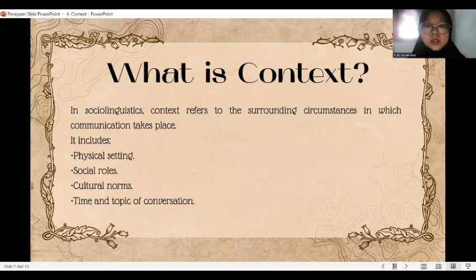For example, student to teacher and child to parent. The third is cultural norms, values, traditions, or etiquette that influence language use. The fourth is time and topic, when the conversation happens and what it's about.